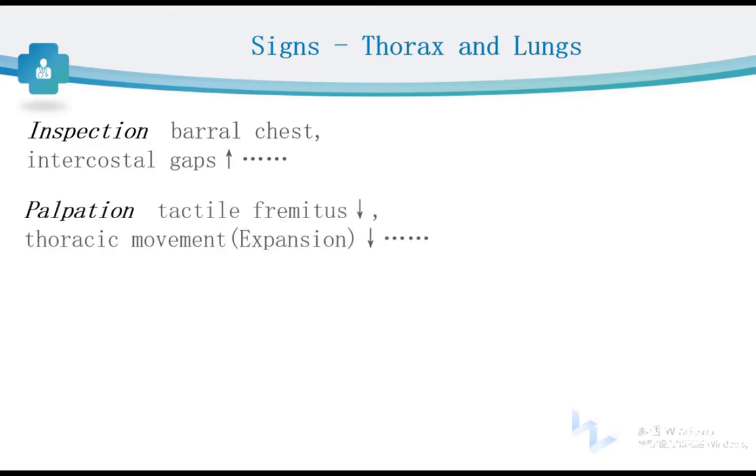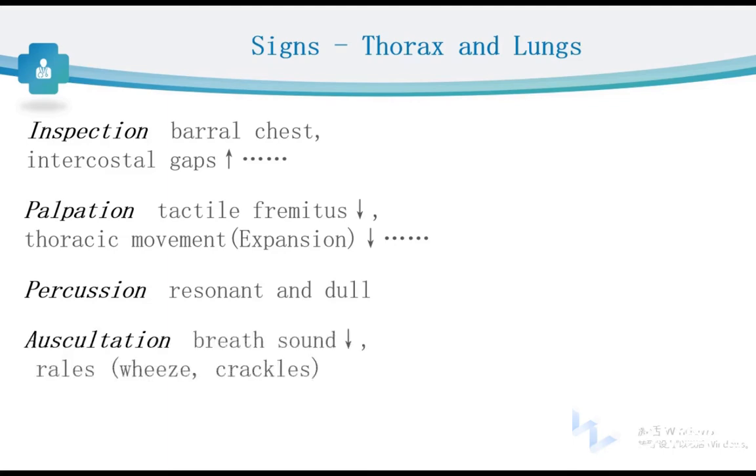During the palpation, we can find the decrease of tactile fremitus and thorax expansion. In the percussion, we can find the percussion sound change. During the auscultation, we can find the decrease of the breath sound.